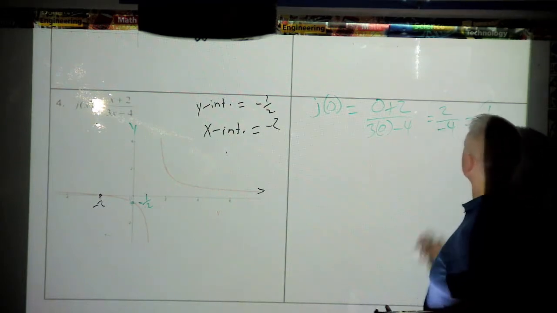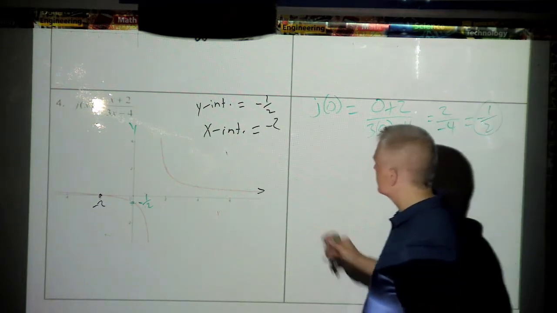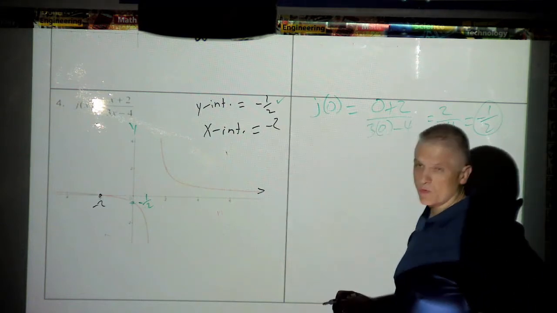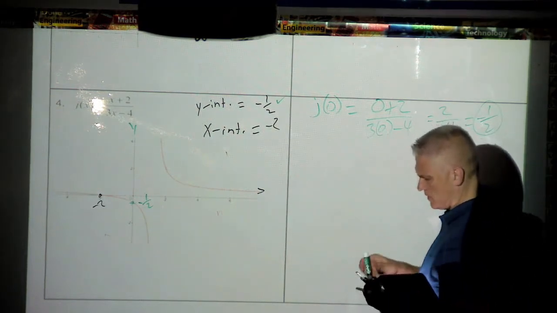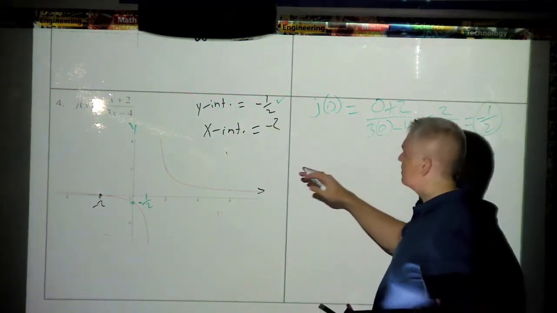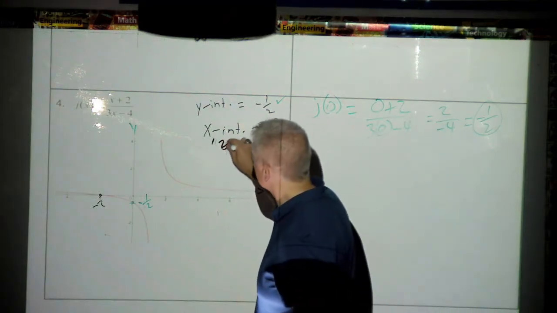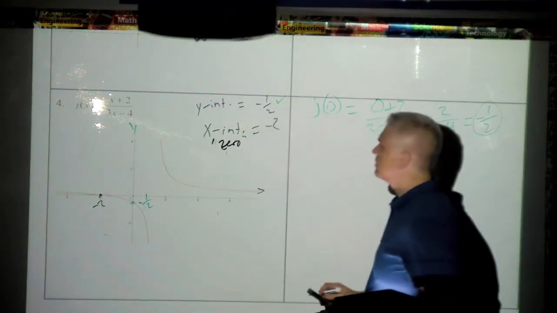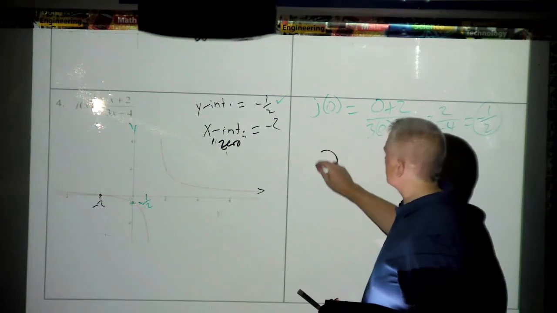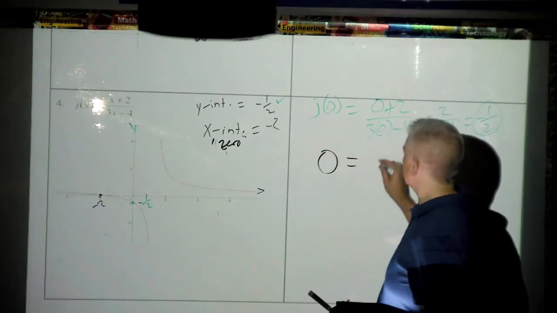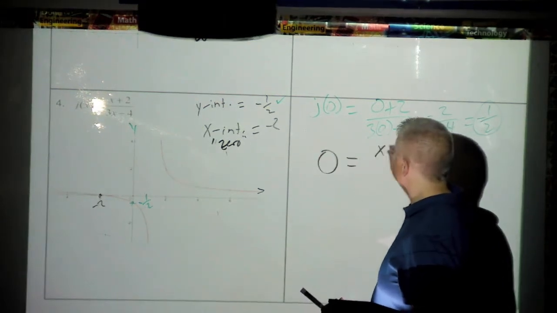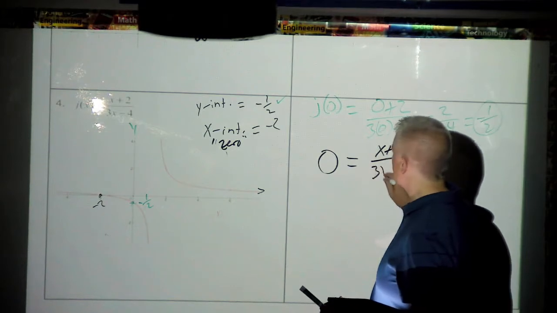And -2/4 and -1/2 are equivalent. So yes, -1/2 is correct. For the x-intercept, for the zero, j of x we're replacing with 0 equals x plus 2 over 3x minus 4.